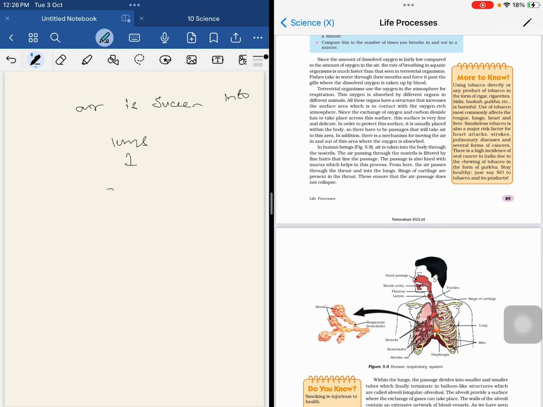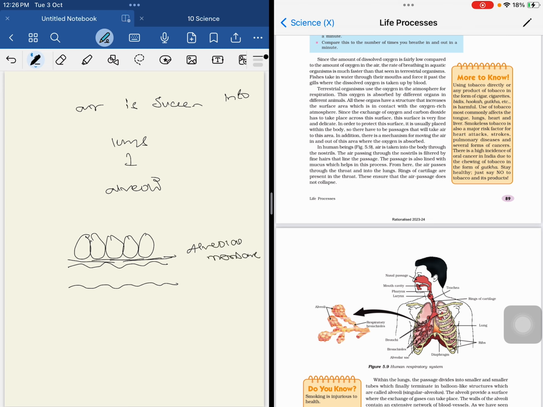The lungs are designed in a specific way so that these alveoli are lined with blood vessels. This is a membrane called the alveolar membrane, present between the alveoli and blood vessels.